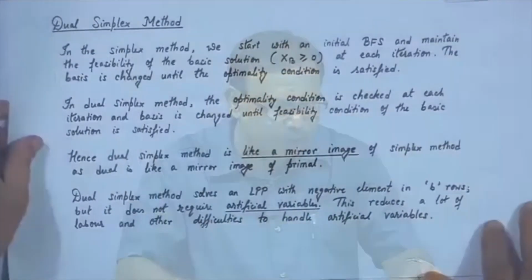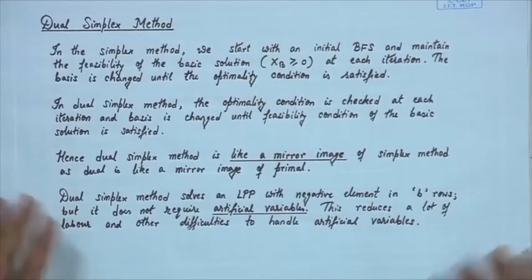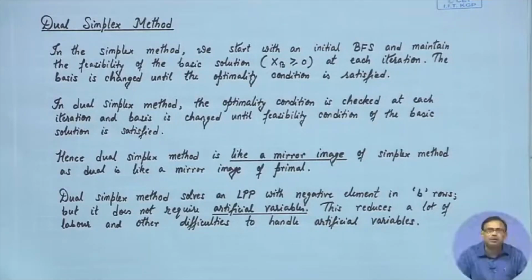In the simplex method, we start with the initial basic feasible solution and maintain the feasibility of the basic solution, that is x b greater than equals 0, at each iteration. If you note, we start with the initial basic feasible solution and the basic solution is always feasible.